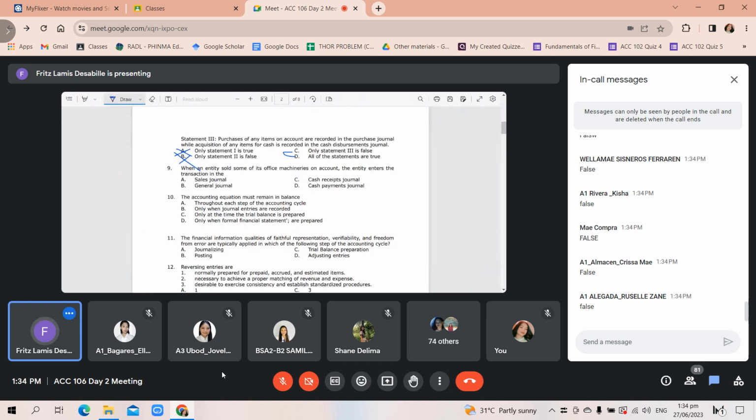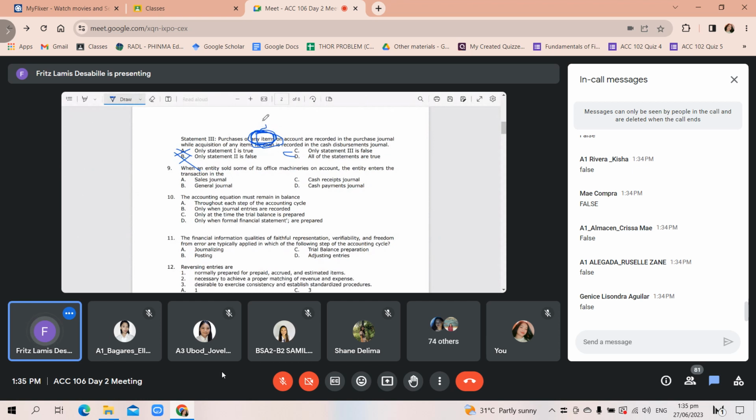Correct. So take note on the wording. Kaning dali siya makalibat siya actually kung dili ka mag-pay attention sa details. Purchases of any items. Any items. Mao ni siya ang statement na nakapa-false ani.